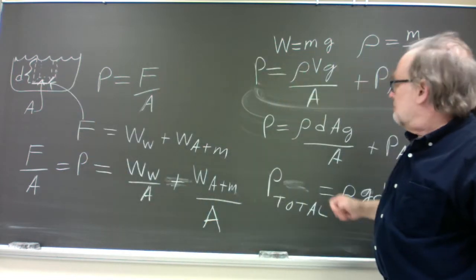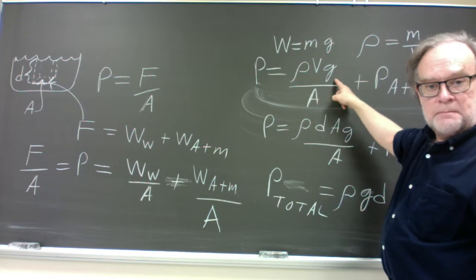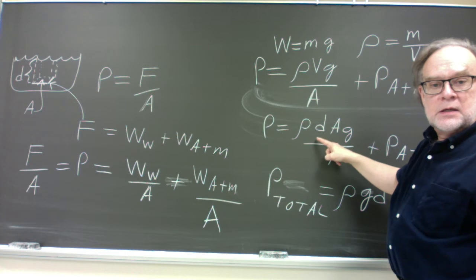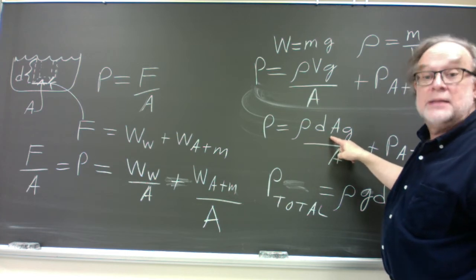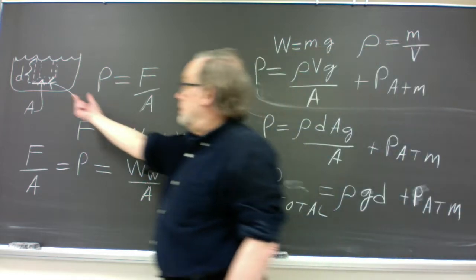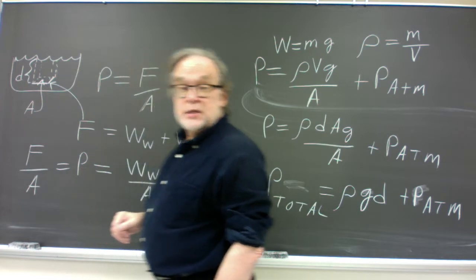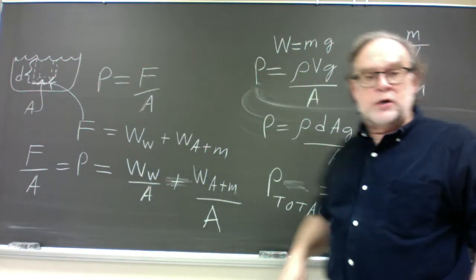So, density times volume times g, density times depth times area, d times a, depth times area, that's the volume. This surface area times the height, d. And then plus atmospheric pressure.